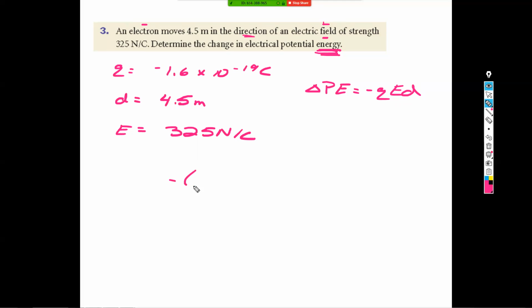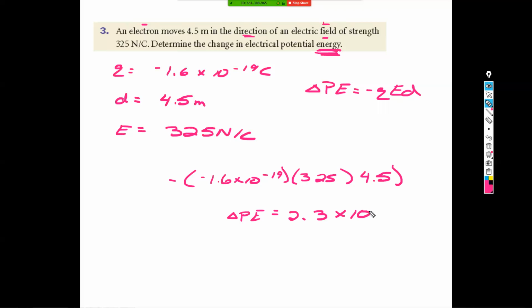So negative 1.6 times 10 to the negative 19th, because it's an electron, times 325 times 4.5 meters, plug and chug, and you'll get a change in potential energy of 2.3 times 10 to the negative 16th joules. It should make sense that the potential energy is increasing, even though it's going with the field lines, because the field lines show how a positive test charge would want to go. So you have to think opposite for electrons.